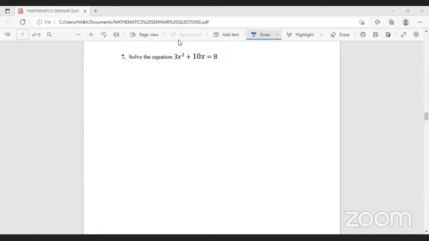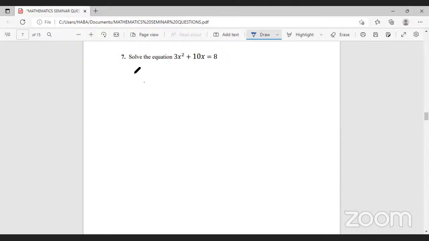By show of hands. Okay, go ahead. Martha, go ahead, unmute and speak. Solve the equation 3x squared plus 10x is equal to 8.